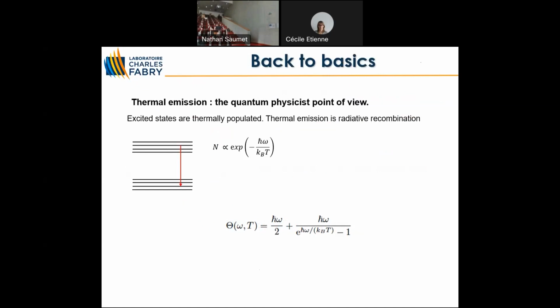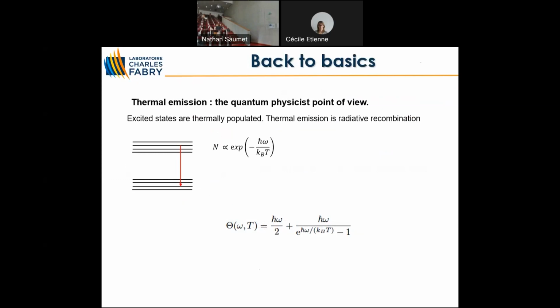And of course, you know that according to the Boltzmann distribution, if the energy difference between these two states is h bar omega, then the ratio of population goes like this exponential.